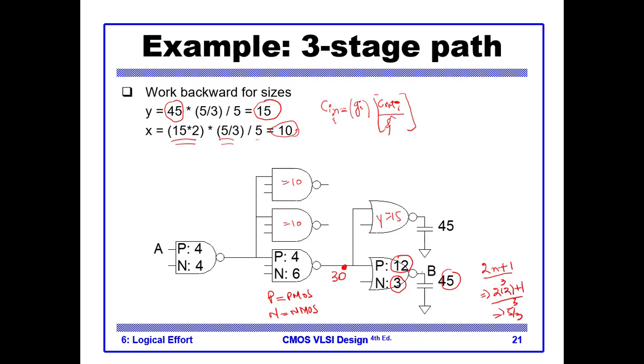Because in a NOR gate the NMOS are in parallel. So here we have 2 NMOS A, B. They are in parallel, and then we have two in series.